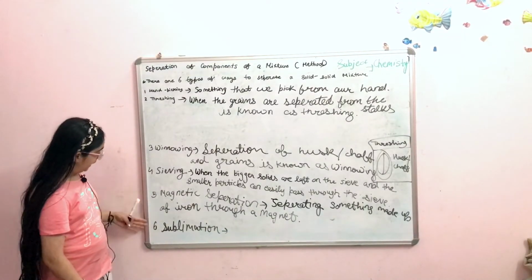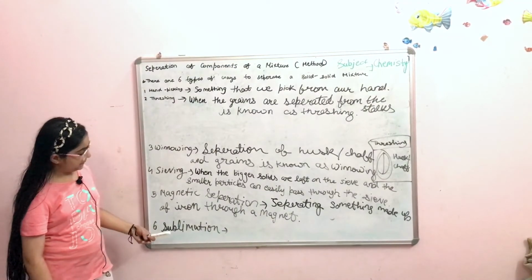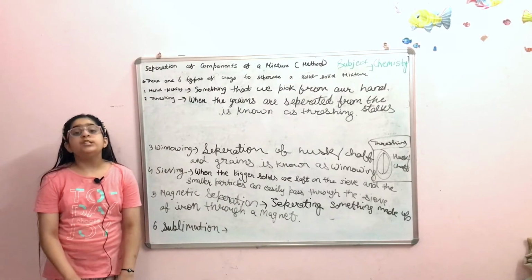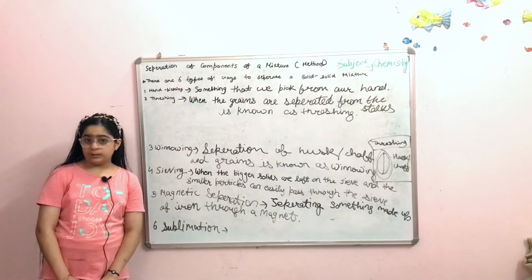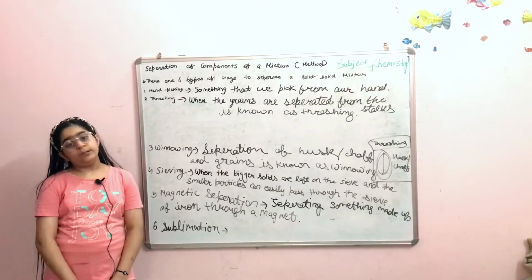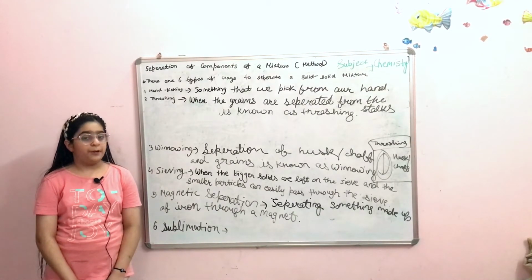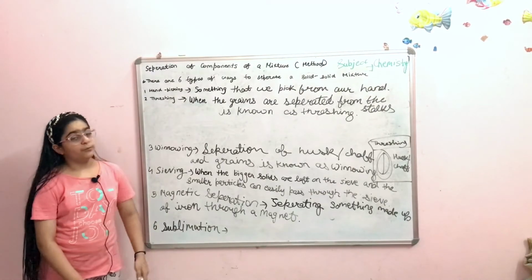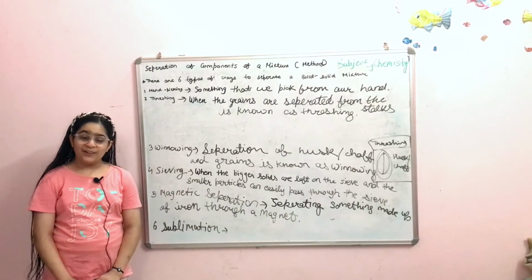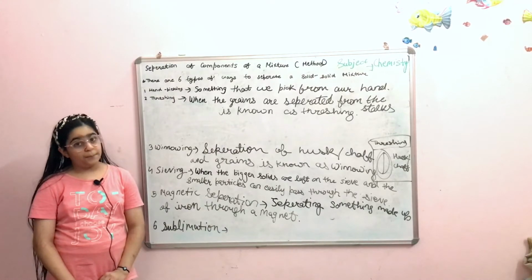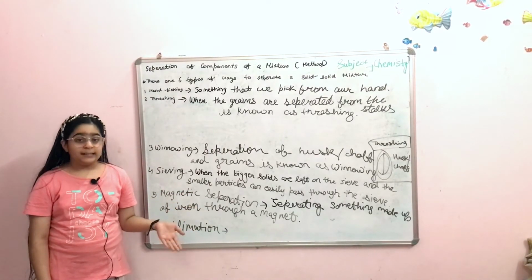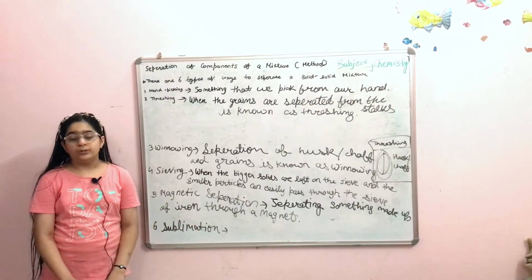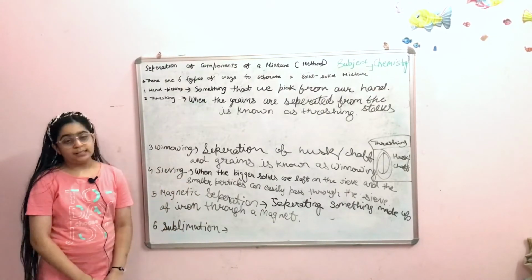So now our last and the sixth point is sublimation. When something changes into gas directly from a solid substance and then to a solid substance directly from a vapor, it is known as sublimation. For example, incense sticks or agarbatti, if we light them up, they convert into gaseous state, and then the gaseous state converts into solid again. The process is known as sublimation.